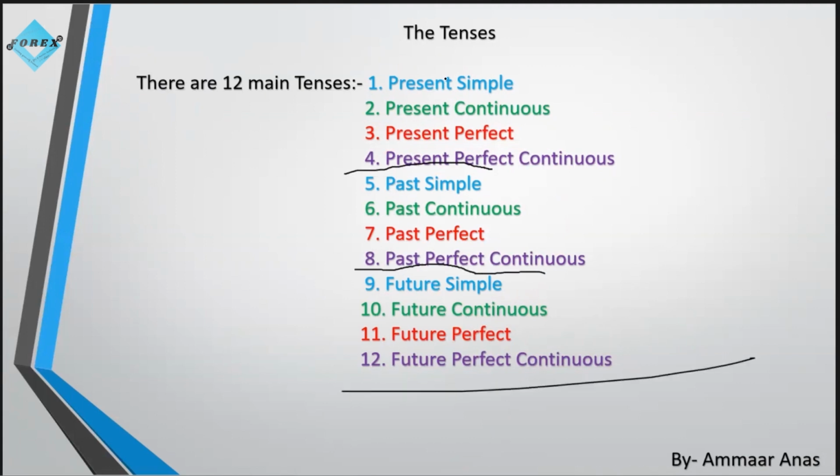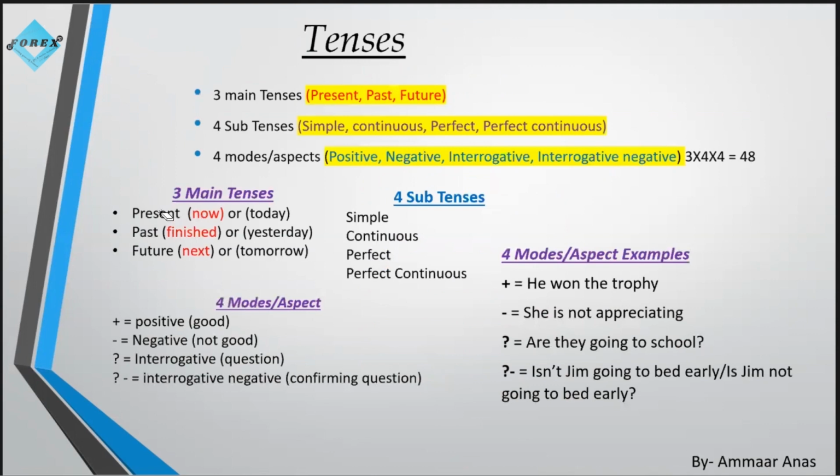So if you can see, it's all present, and then simple, continuous, perfect, perfect continuous. I'll show you an example over here. Just a minute. Here, if you can see, it's constructed like this: present simple, past simple, future simple, present continuous, past continuous, future continuous.